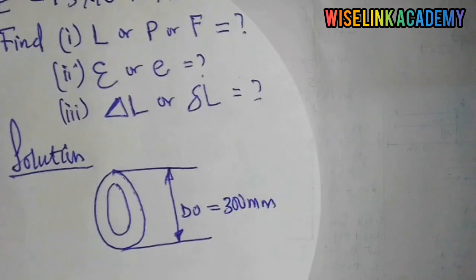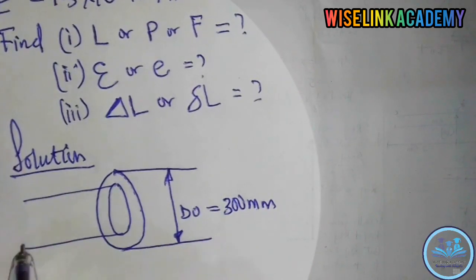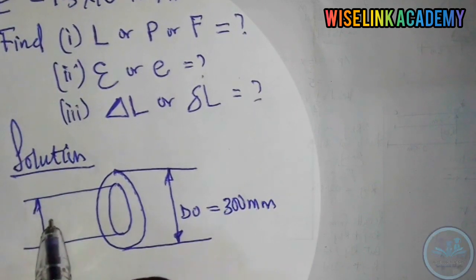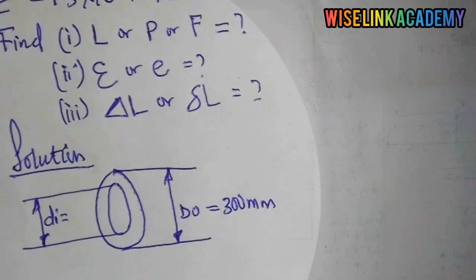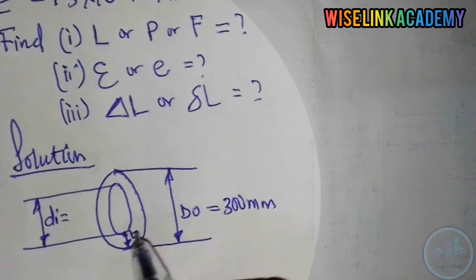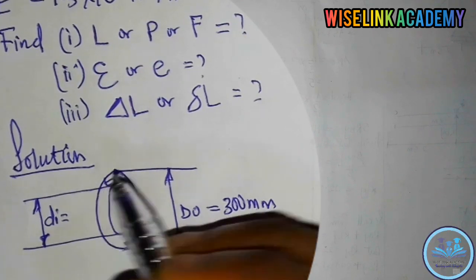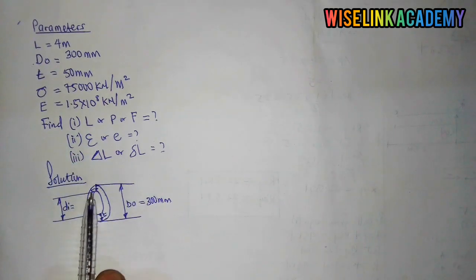From here to here is my D inner, which you don't know. But from here to here is the thickness T. Our thickness is given as 50, so that's 25.